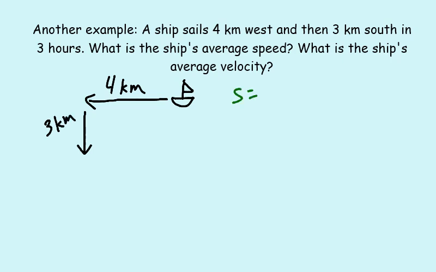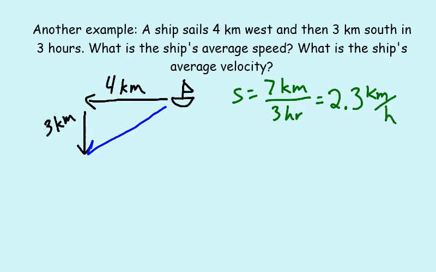So my speed is equal to my distance, which is a total of 7 kilometers, 4 plus 3, divided by my time, which is 3 hours, which gives me a speed of 2.3 kilometers per hour.